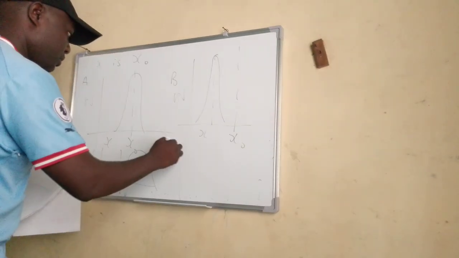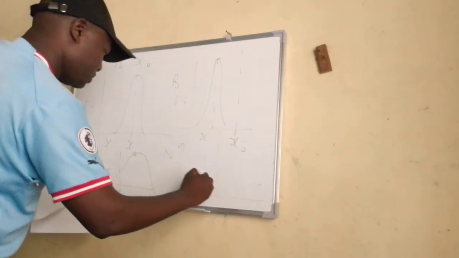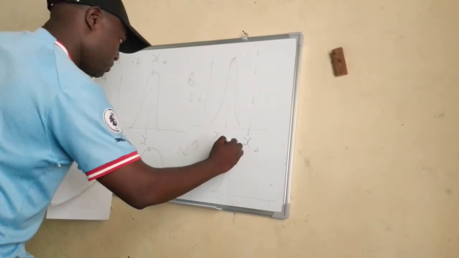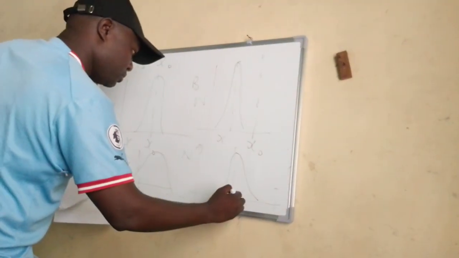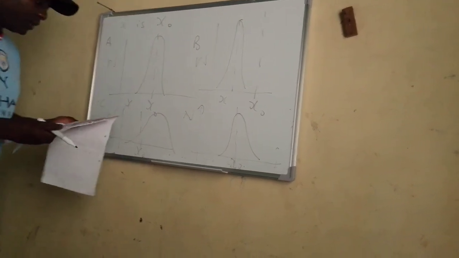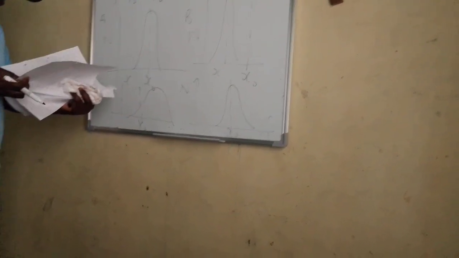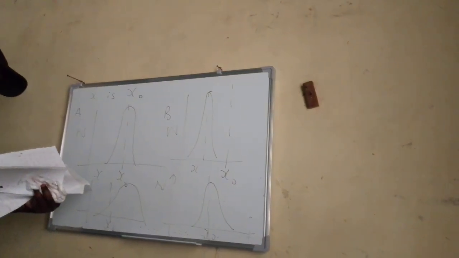Then option D. The question says, which of the following graphs best shows measurements that are precise but not accurate?